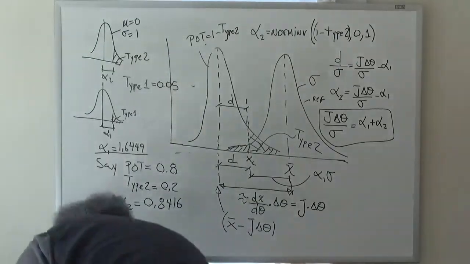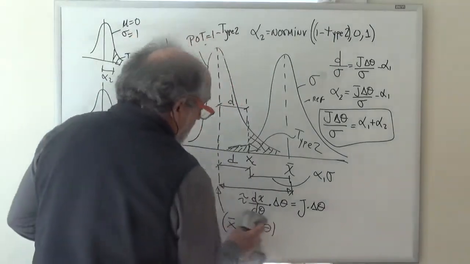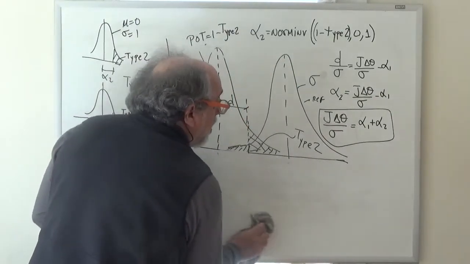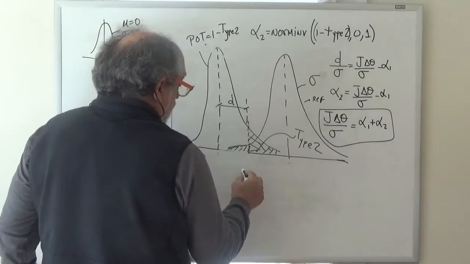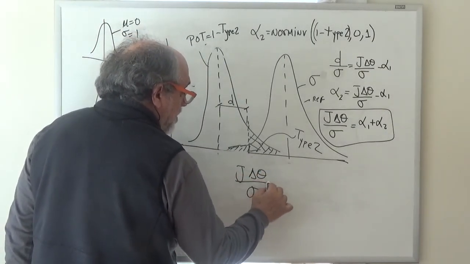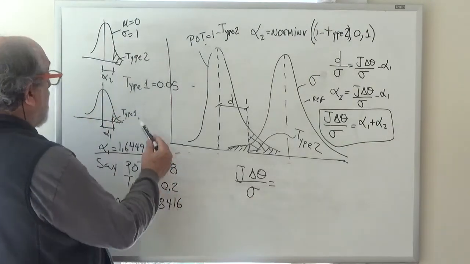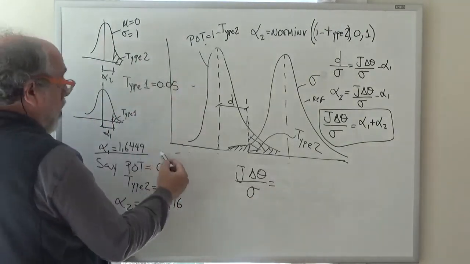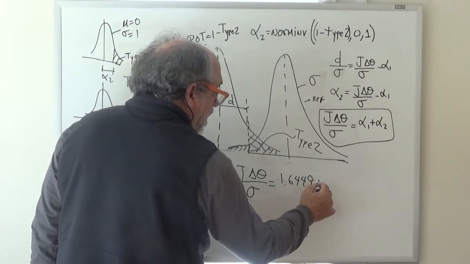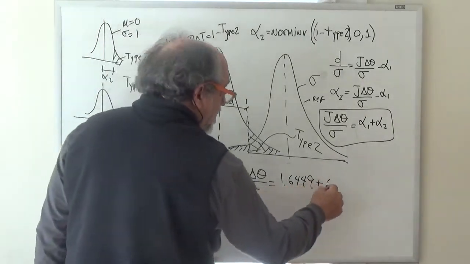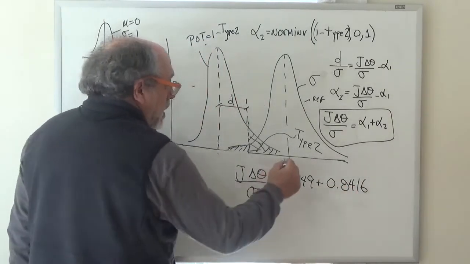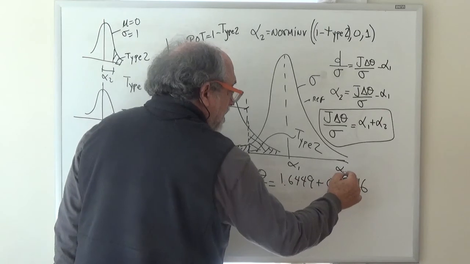And I'm going to have to erase here. You've already been looking at this for a while. So I have some room. So we have that J times delta theta divided by sigma would have to be alpha 1, 1.6449, plus alpha 2, 0.8416, right? Remember, this is alpha 1, this is alpha 2.